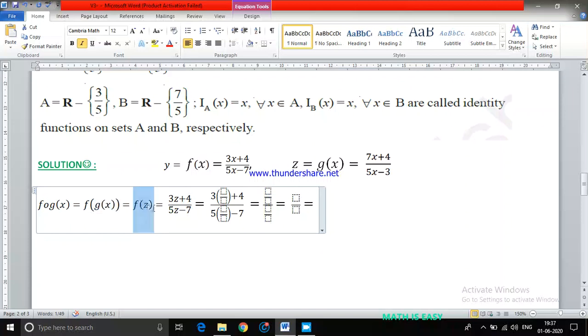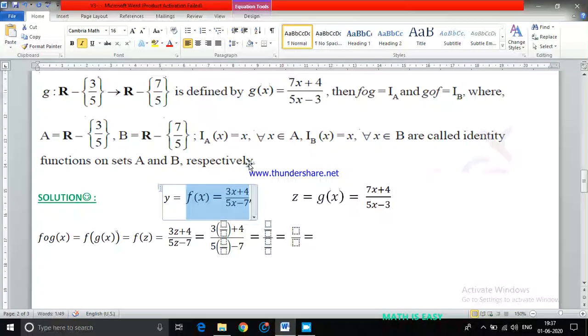So it will be f of z. Am I right? So you got here it is f of z. And how is f of x defined? F of x is defined as 3x plus 4 upon 5x minus 7. If it is f of z, in place of x, if I get z, then it will be 3z plus 4 upon 5z minus 7.